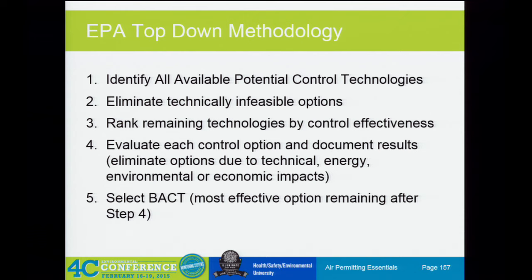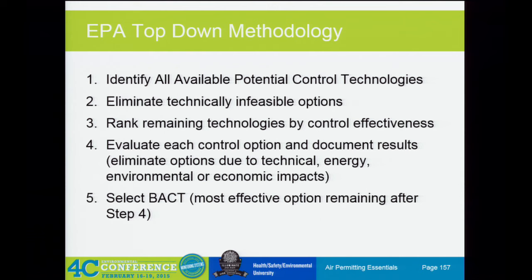I mean, that's usually very easy to use. A thermal oxidizer can combust the process vent. A boiler, if it's designed properly, can be used as a control device. Depending on the solubility, you can use a water scrubber to reduce emissions. So you list out all these different potential control technologies in the top-down method.